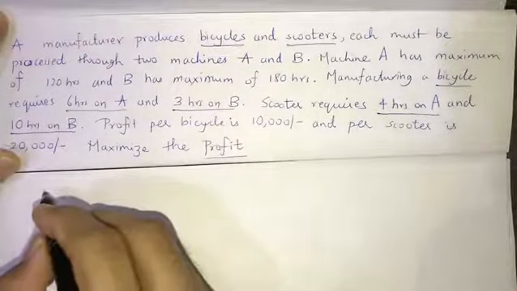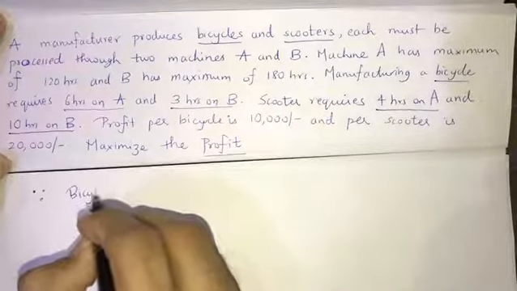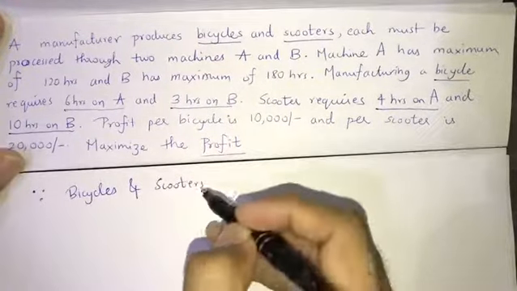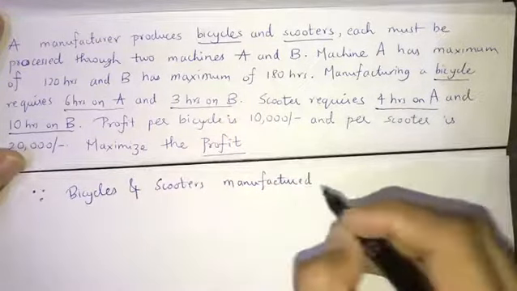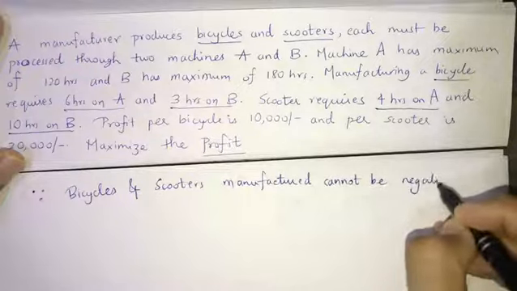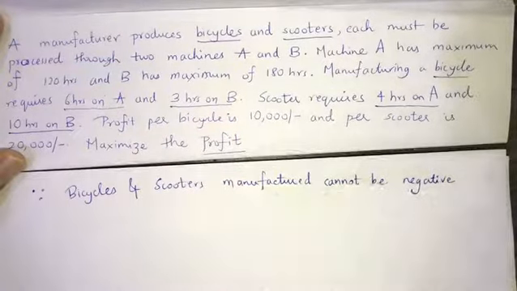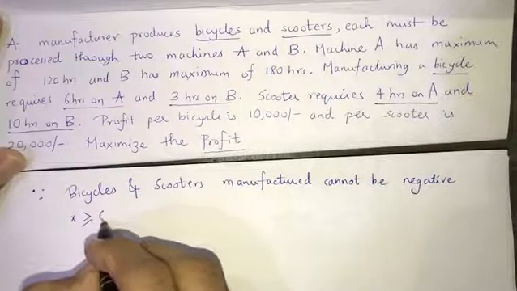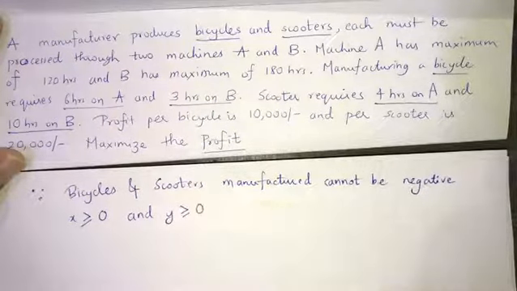So I have to say, since bicycles and scooters manufactured cannot be negative, X, the number of bicycles, has to be greater than or equal to 0, and Y has to be greater than or equal to 0.